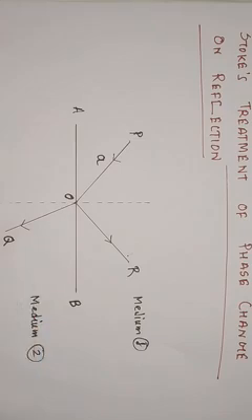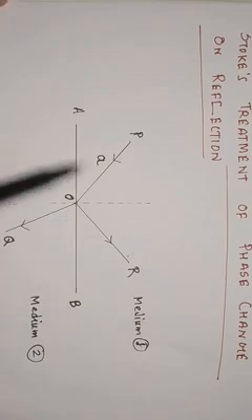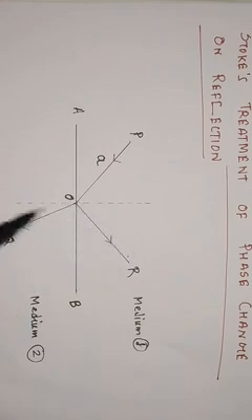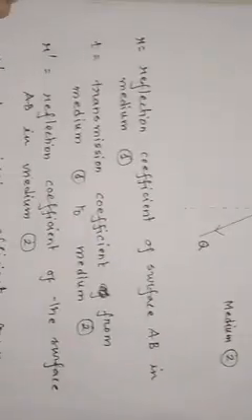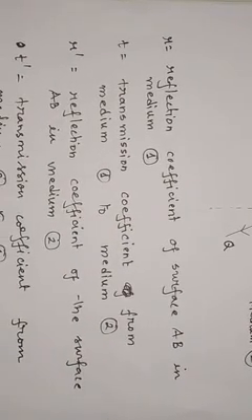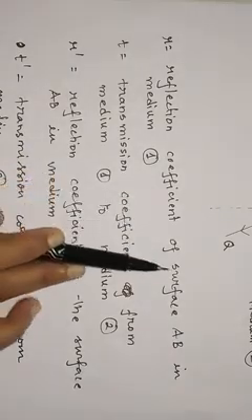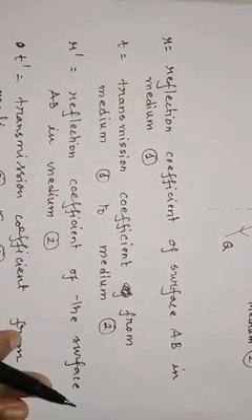Generally, when a ray is incident on the surface of a medium, there will be reflection, transmission and absorption, but here we are assuming that there is no absorption, only reflection and transmission. Now suppose r is the reflection coefficient of the surface AB in medium 1.